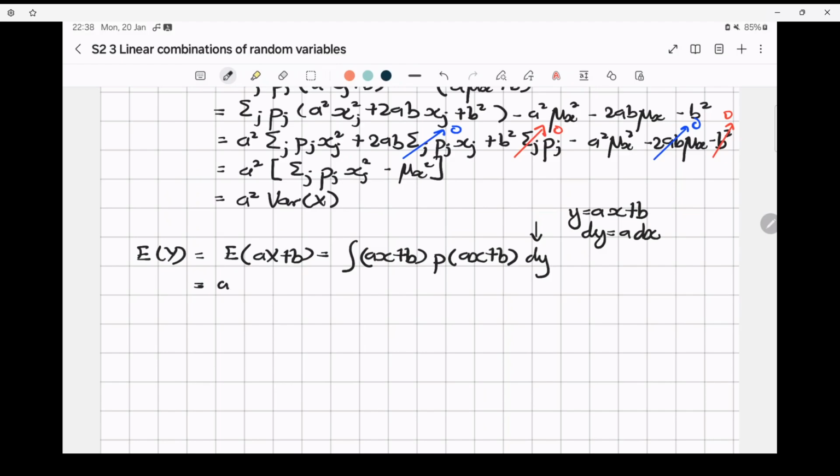So the a I factor outside. So I have x p ax plus b, this will be a dx, and then plus b integrating p ax plus b a dx.